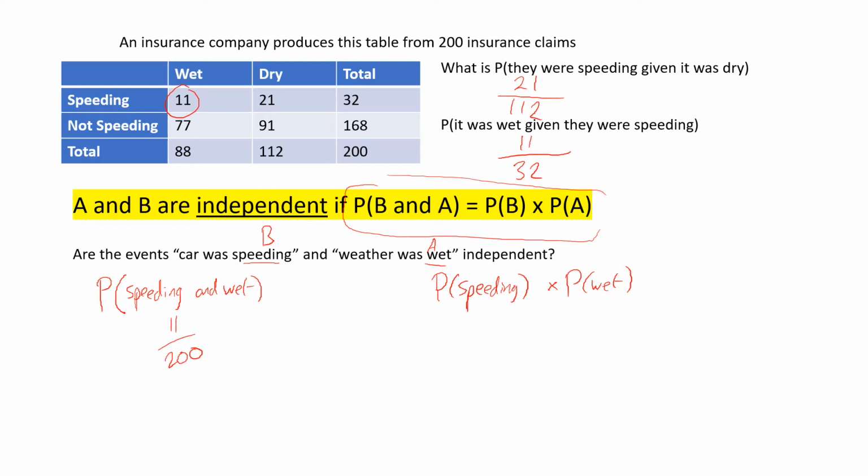The probability of speeding is just 32 out of 200, and the probability it was wet is 88 out of 200. And all we need to do is just see, are those the same thing? Now 11 out of 200, as a decimal, is 0.055, and speeding times wet is going to give us 0.0704. Those are not the same number as each other, so it is not independent.